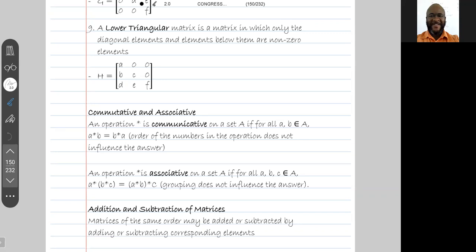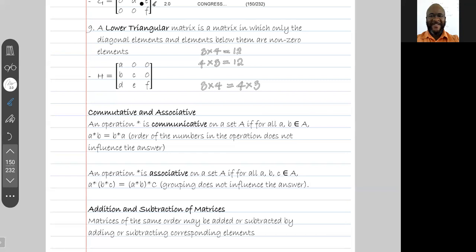So I'll give you an example of this. 3 times 4 is 12. And 4 times 3 is 12. So therefore, 3 times 4 is the same as 4 times 3. Now this is also true when you multiply all integers.